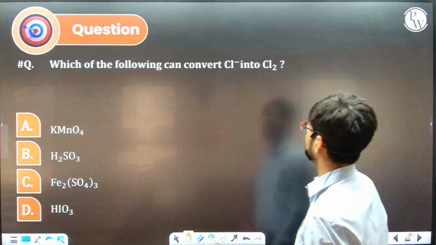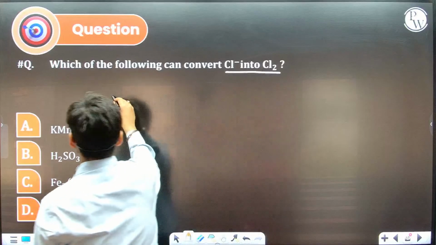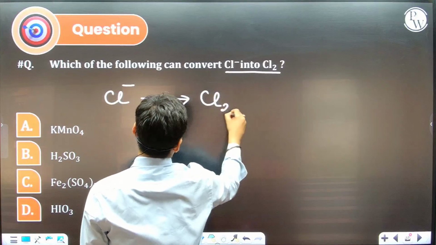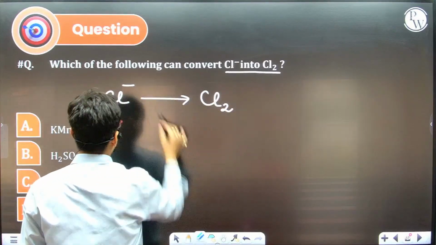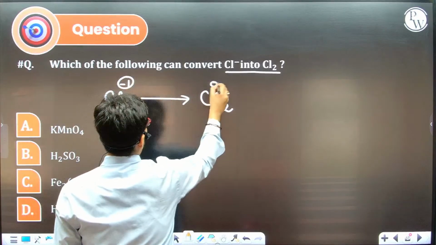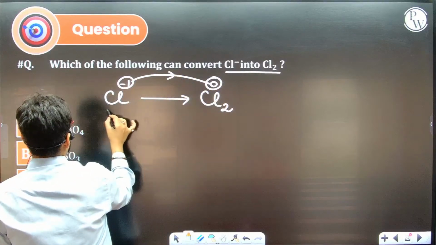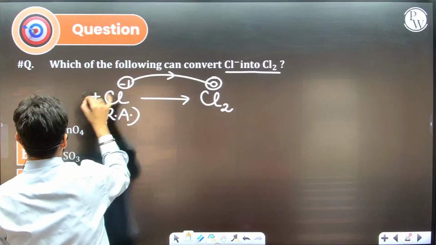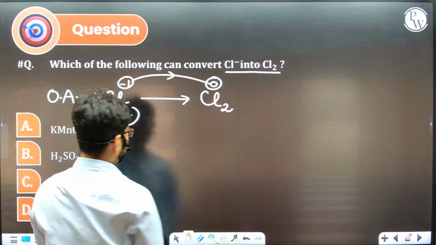Next question. Which of the following can convert Cl- to Cl2? Now see, if Cl- is getting converted to Cl2, that means the oxidation state of Cl is -1 here, and here it is 0. That means Cl- is getting oxidized, that means this is acting as the reducing agent. So with this you need some oxidizing agent.